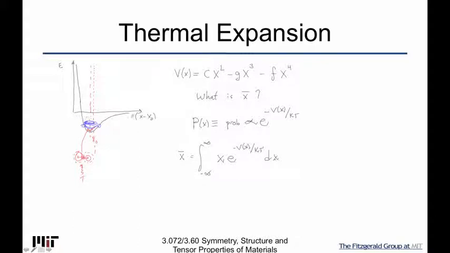So we have to integrate all across here and find out what the average x bar is for all the points that would be occupied given the particular energy that's distributing.